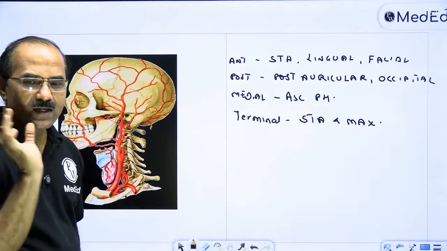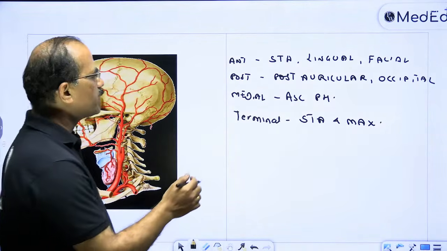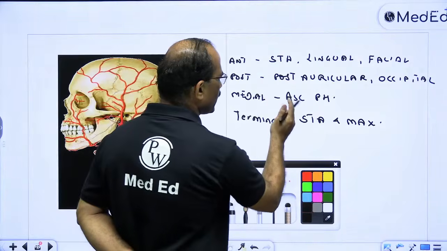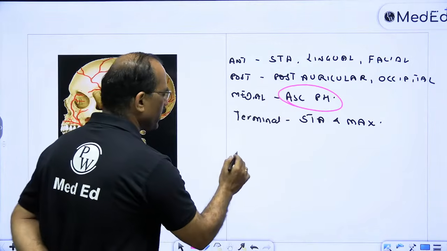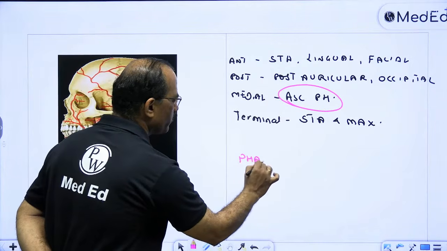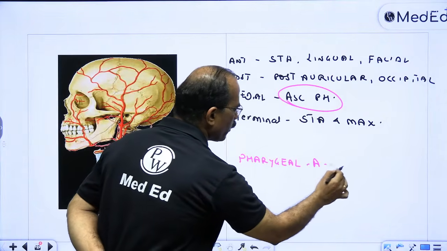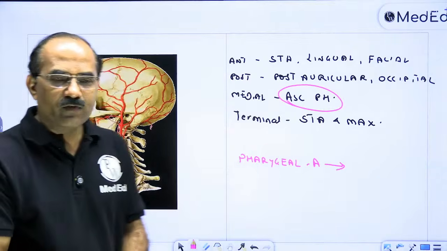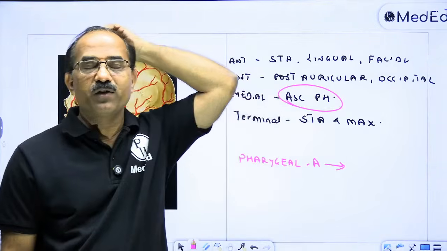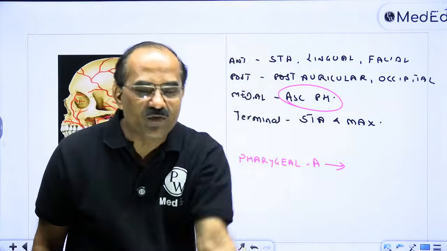So ascending pharyngeal artery is a branch of external carotid. Can anyone tell me pharyngeal artery is a branch of what? Ascending pharyngeal is a branch of external carotid, but pharyngeal artery is the branch of what? Anyone?